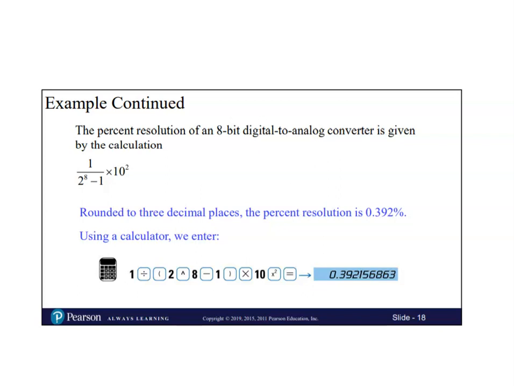A lot of times people will do 1 divided by, and then if they want that whole thing to be on the bottom, they would do 2 rooftop 8 minus 1. And then they would type their times 10 squared. That would get them the correct answer if they did that.